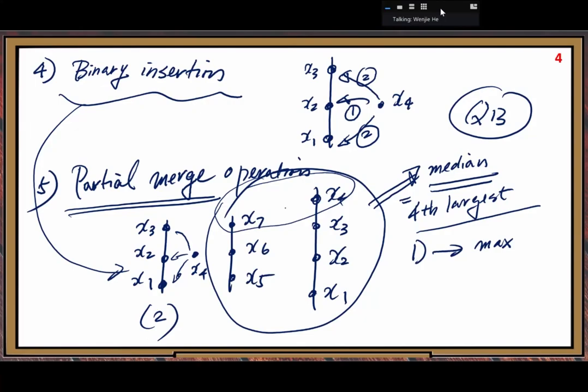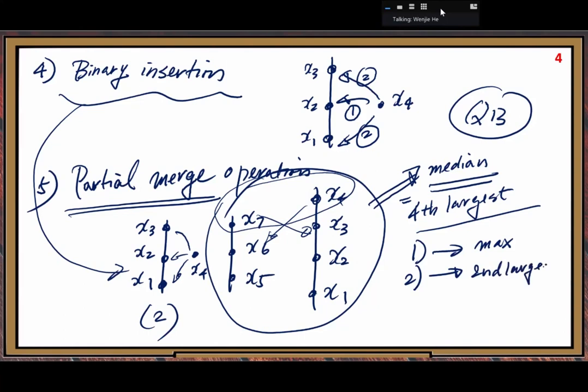The loser we use to compare to the next element in the other ordered array. That is the second comparison, and the winner is the second largest.